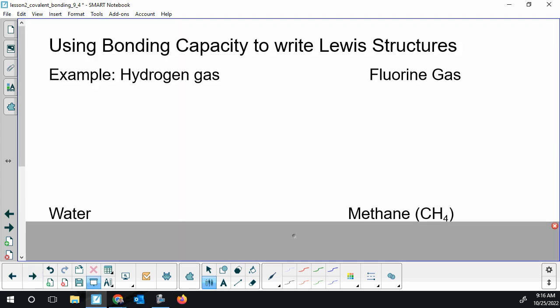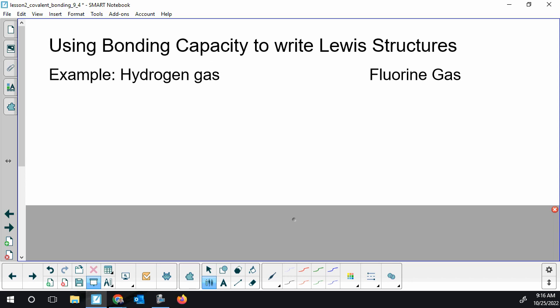So using bonding capacity, that's the theory we're using for our examples. And I'm going to start with the simplest example I probably could, hydrogen gas. And I'm going to draw Lewis structures. Sometimes they're called dot diagrams.